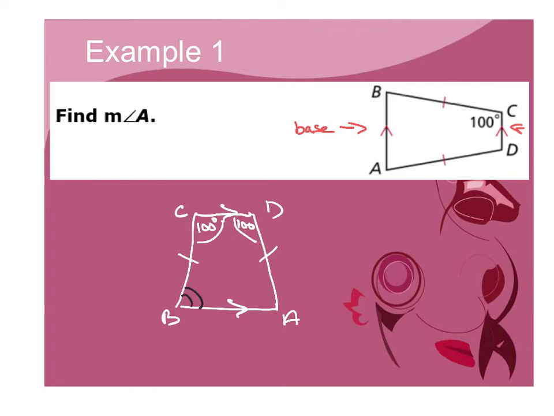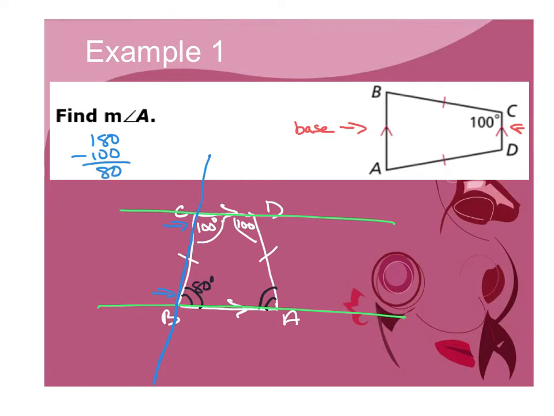And then these down here are going to be congruent. If you think about these as parallel lines, with the arrows on them, and here is my transversal, these two angles, C and B, are going to be supplements. To figure out how much angle B is, I can do 180 minus 100, and it's 80 degrees.